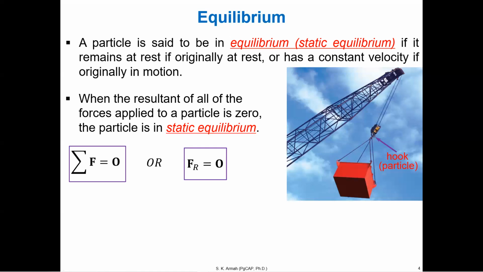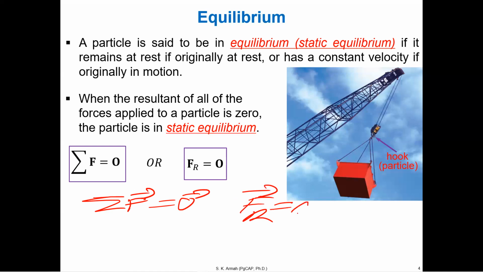of the forces is equal to the zero vector. When we write it, we can write it like this, equal to vector 0. Or the resultant force, as we should say, equals 0. In 2D, this is like 0i plus 0j; in 3D, this is like 0i plus 0j plus 0k.